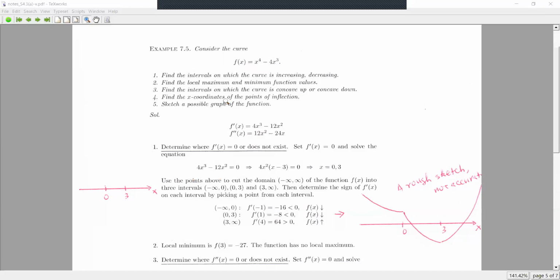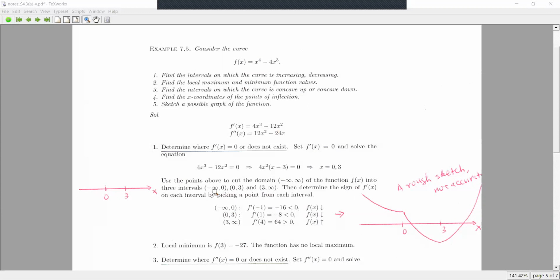So I draw a number line, any number from negative infinity to positive infinity. Now I use these 2 points to cut the number line. Then we have 3 subintervals: negative infinity to 0, 0 to 3, and then 3 to infinity.